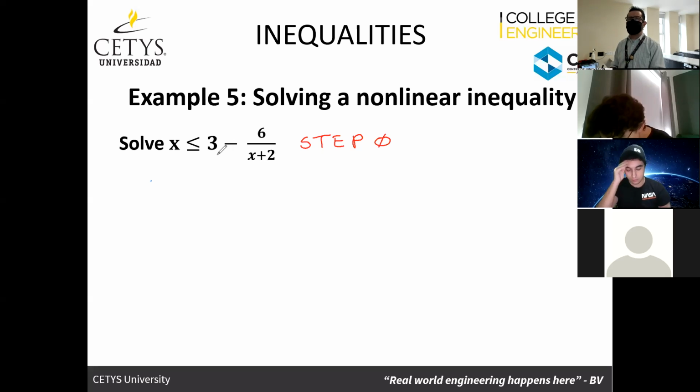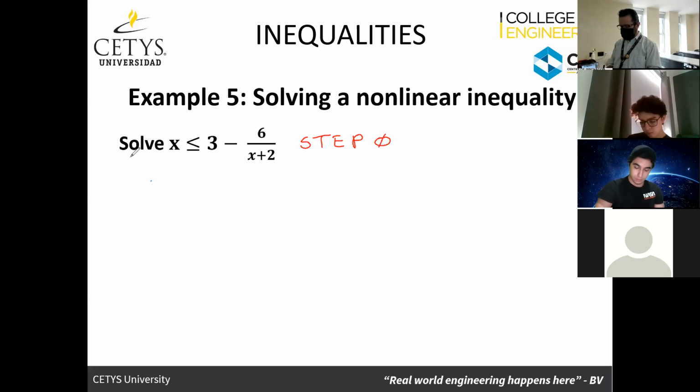I'm going to send everything that's on the right to the left. And what's going to happen is that I'm going to have X minus 3 plus 6 divided by X plus 2 less than or equal to 0.